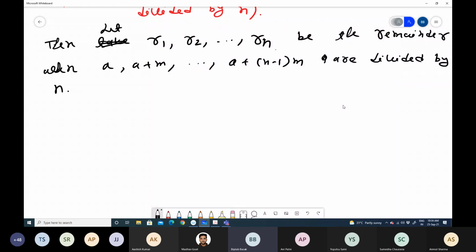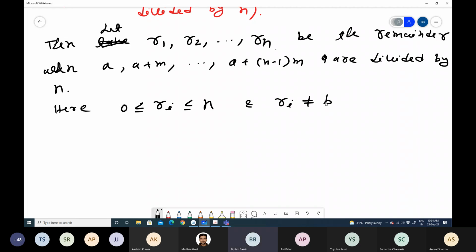So what are we doing now? We are using the same thing. Since none of them has remainder b, therefore 0 is less than or equal to ri, which is less than n, and ri is not equal to b.